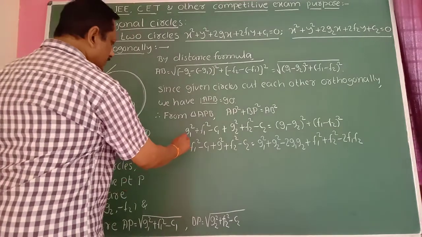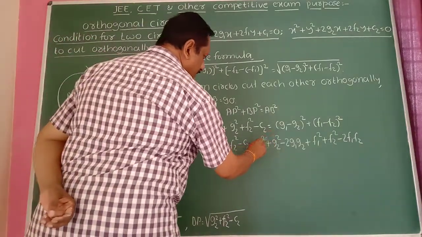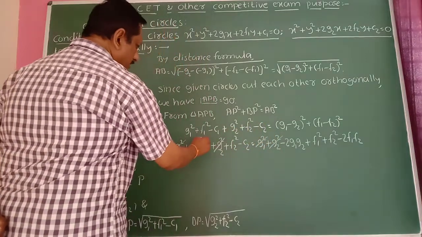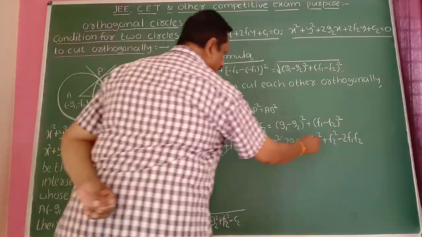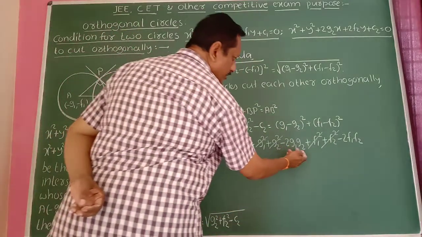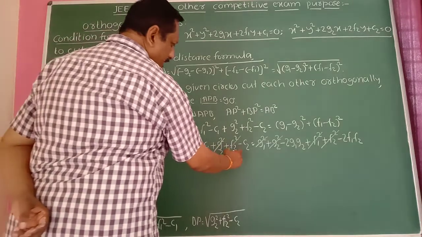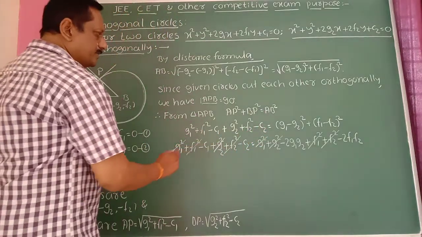Here g1 square, g2 square cancel on both sides, and f1 square, f2 square also cancel. Take these two negative terms from the left side, minus becomes plus, and these two negative terms on the right-hand side, again minus becomes plus.